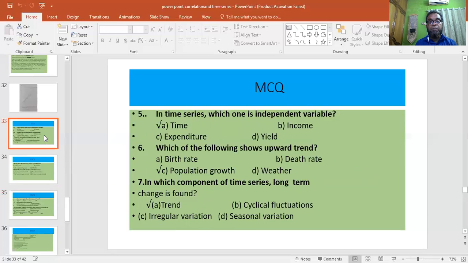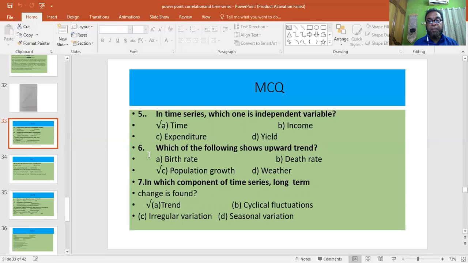Which of the following shows upward trend? You know, the trends are of three kinds: upward, downward, and constant. Birth rate is decreasing.